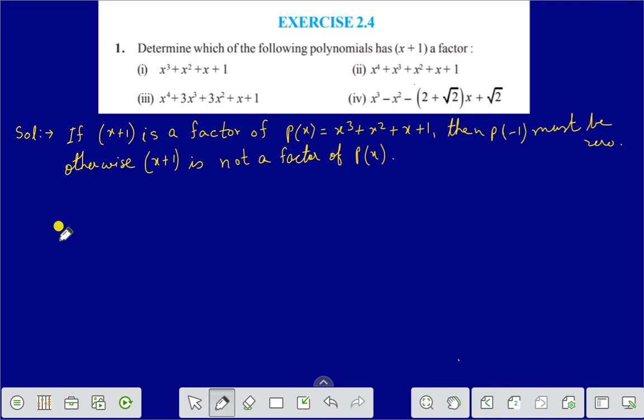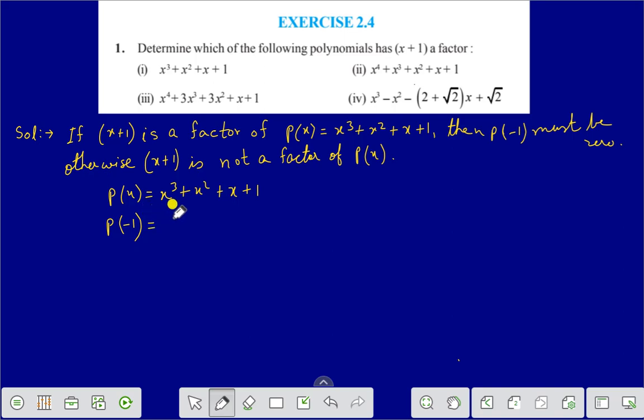And let us find p(-1). Here it is given that p(x) is equal to x to the power cube plus x square plus x plus 1. Let us find p(-1).